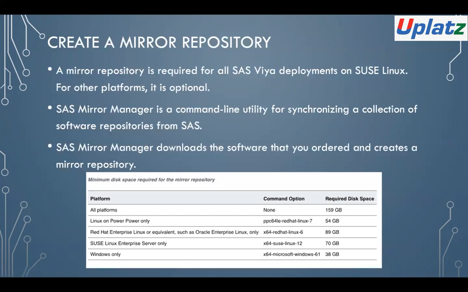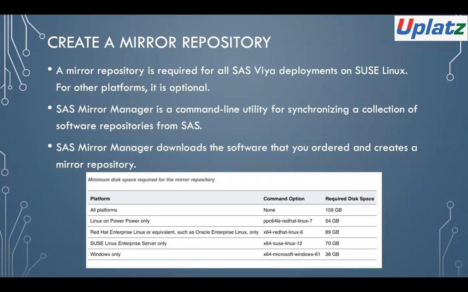Its primary purpose is to manage mirror repositories for software deployment. Mirror repositories are useful if your deployment does not have access to the internet, right? Or if you must always deploy the same version of software, these mirror repositories are used.